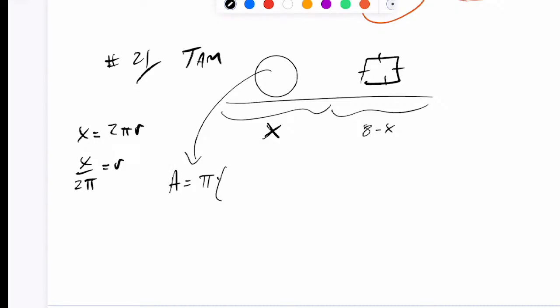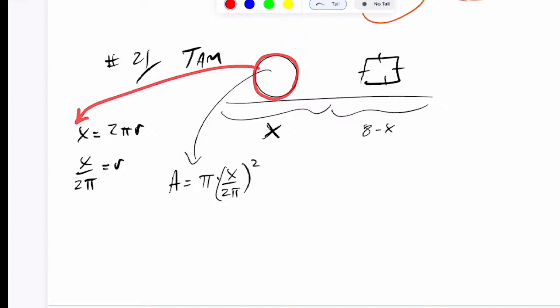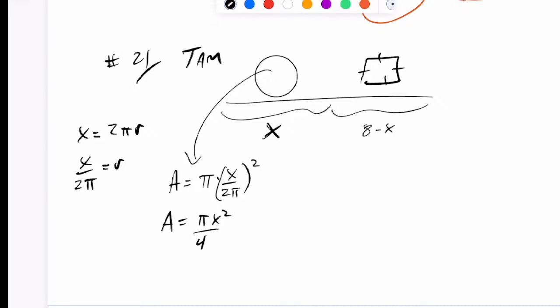I know the total circumference of the circle is x, and the equation for the circumference is 2 pi r. So I isolate for r, and I get r equals x over 2 pi. I substitute that into my area formula, pi r squared. So the area of the circle is pi times x squared over 4 pi squared, which reduces to x squared over 4 pi.